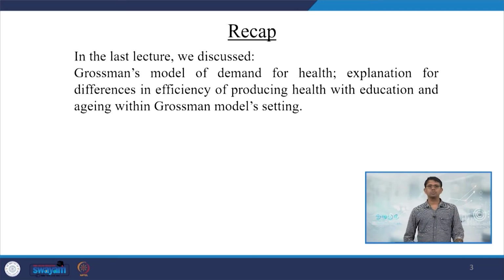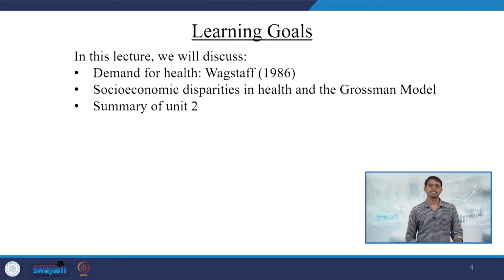We discussed the Grossman model of demand for health, and the explanation for differences in efficiency of producing health with education and aging within Grossman's settings. Here we are emphasizing the Wagstaff 1986 paper and its explanation of healthcare disparities in the context of socio-economic differences or disparities, also in comparison with Grossman's model.